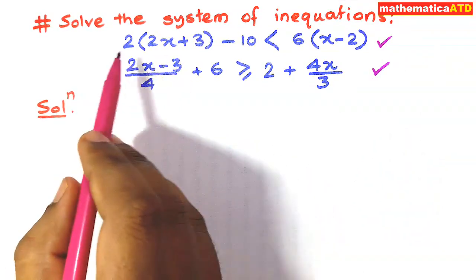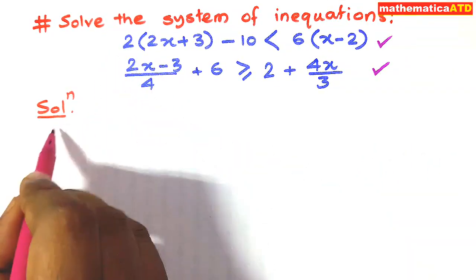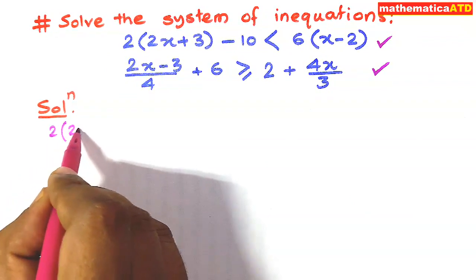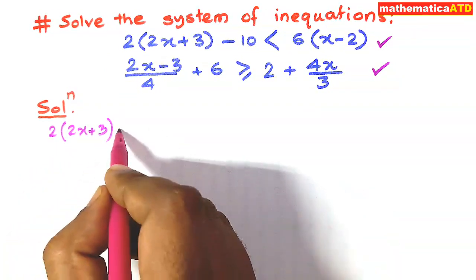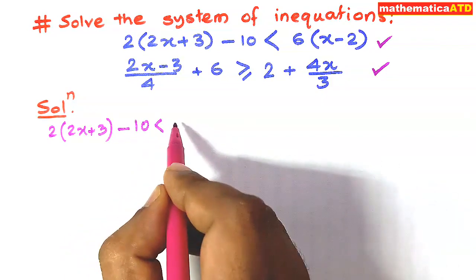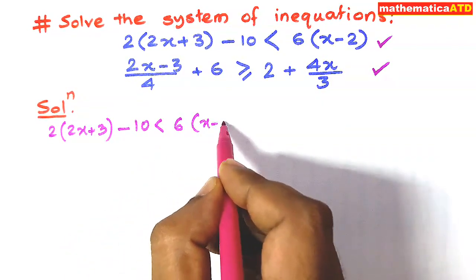Friends, first of all, we shall take the first inequation. 2 times of twice x plus 3, minus 10, is less than 6 times of x minus 2.